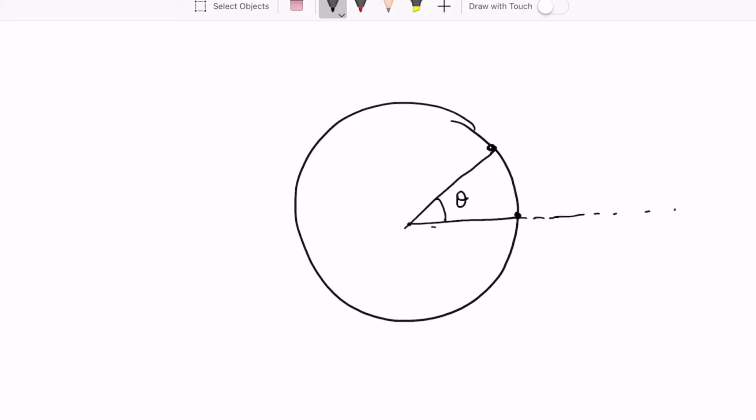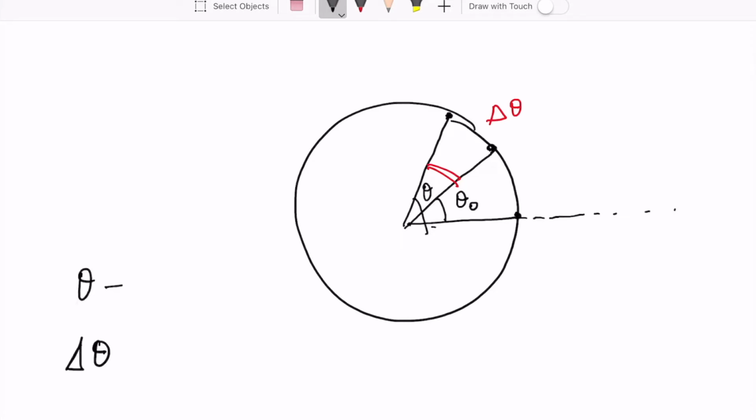Now, suppose the object was initially at the angle theta 0, and then it moves to a new angle theta. So what is the change in its angular position? The change in its angular position is this angle right here, and we're going to call that delta theta. So delta theta is called the angular displacement.